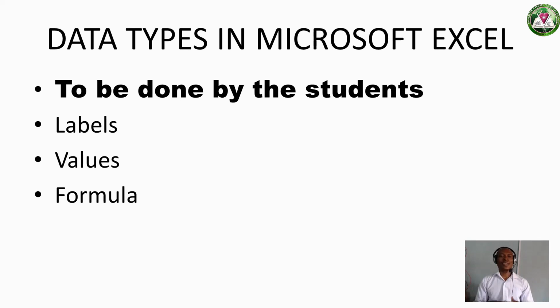They are called labels, values, and formulas. So you can see on the screen, I want to leave it for you. You go back and tell me what a label is, what a value is, and what formulas are. So that's what I want you to tell me.